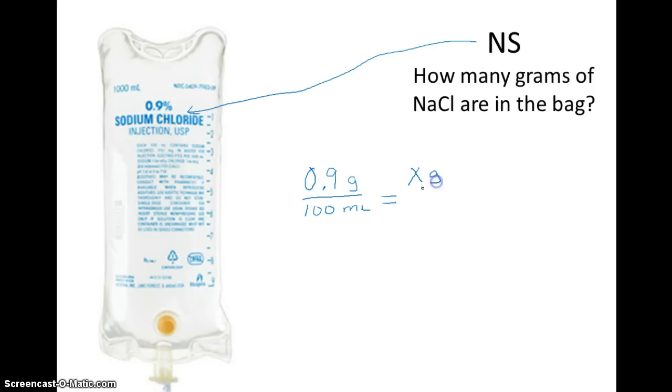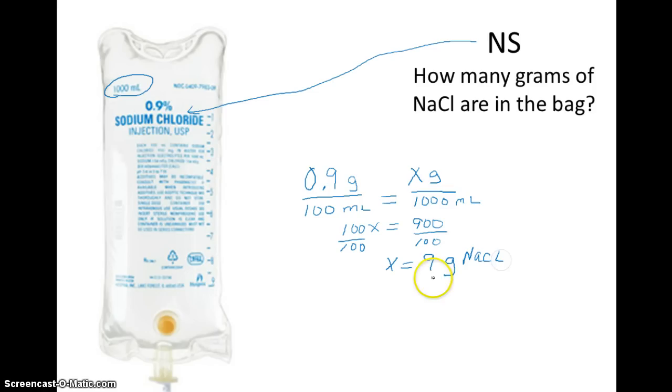So I put x grams, and I want the volume for the whole bag, so I see that up here, and my volume is 1,000 milliliters. That gives me a proportion, so cross multiply: 100x is equal to 0.9 times 1,000, which is 900. Divide both sides by 100, and x is 9 grams. My label is grams, and I see that in my proportion, and this time I was solving for the grams of sodium chloride, so I have 9 grams of salt.